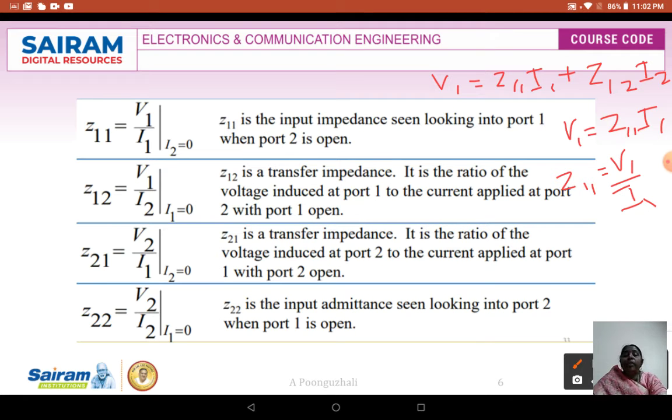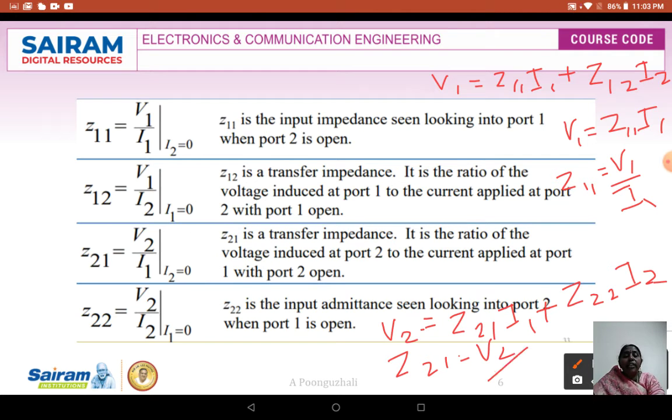Next is Z21. Go for the second equation. The second equation is V2 is equal to Z21 into I1 plus Z22 into I2. If I make I2 to be 0, your Z21 is equal to V2 divided by I1.